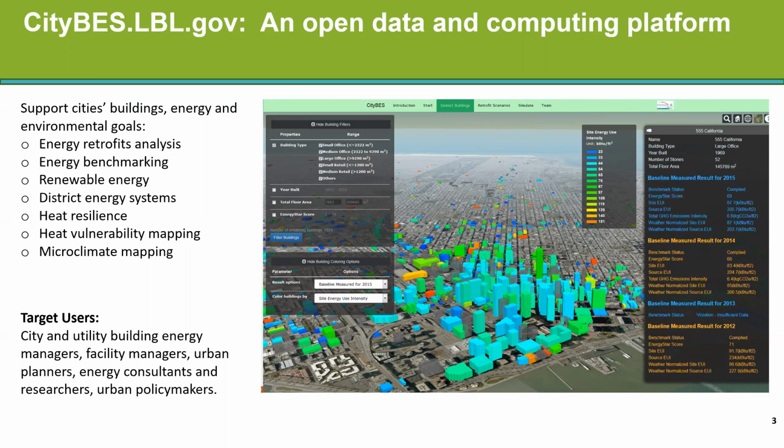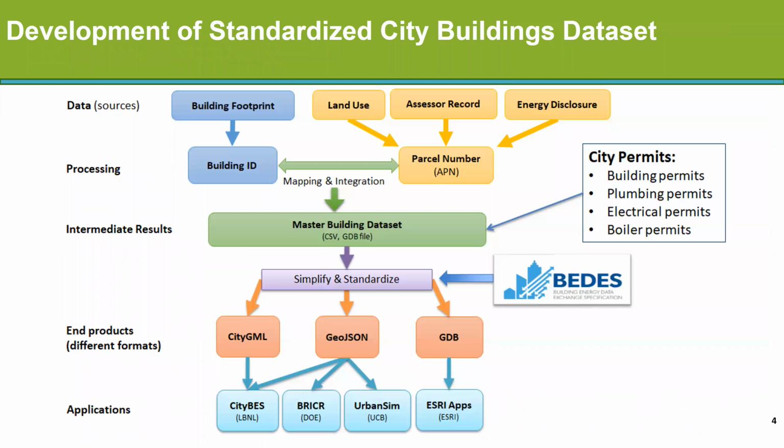The first step is to develop a data set of buildings for CityBES to use. We already have 1,000 US cities with such data, but if your city is not there, then we have a process to help you create the data. Basically, we aggregate cities' open data from different departments.